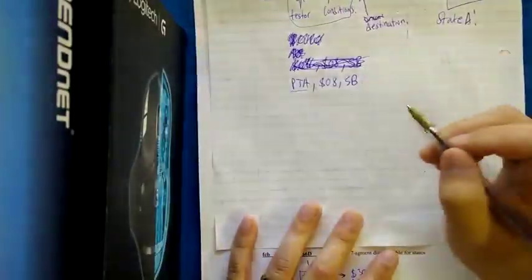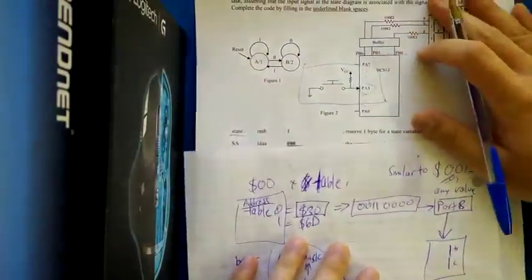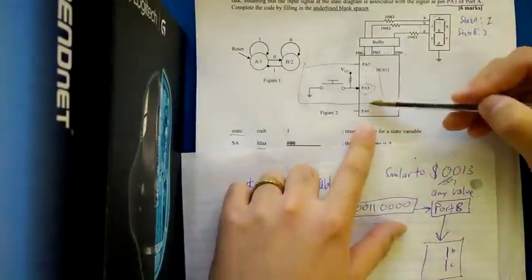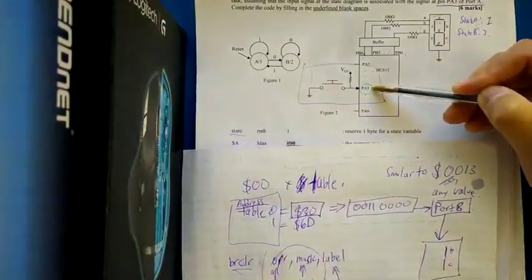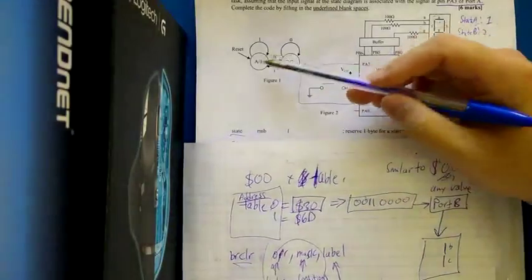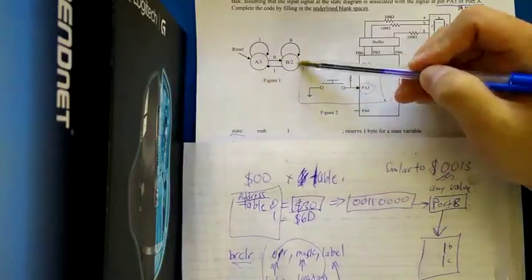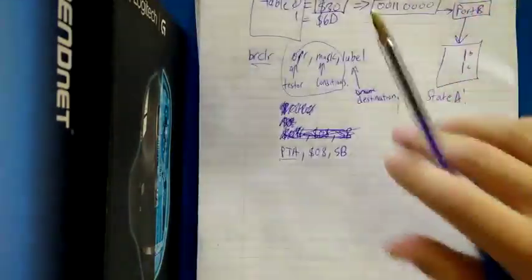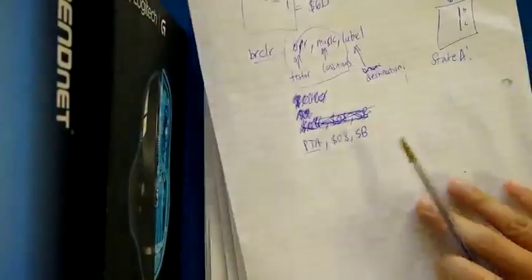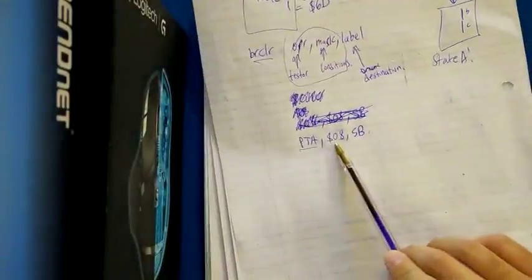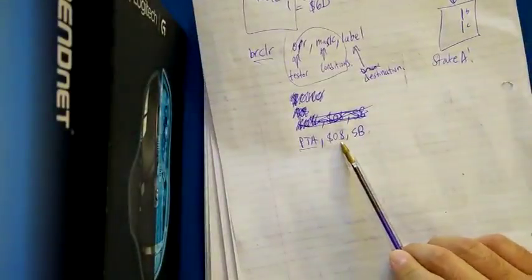So PTA, that's port A, right? And port A was shown on here, this guy. So if the switch is up, it's not pushed, it's 0, right? And so if it's 0, it goes to B. So branch clear asks if the bit where your mask is 1 is clear, and it's testing onto something.